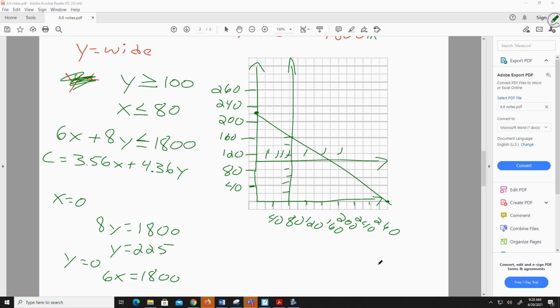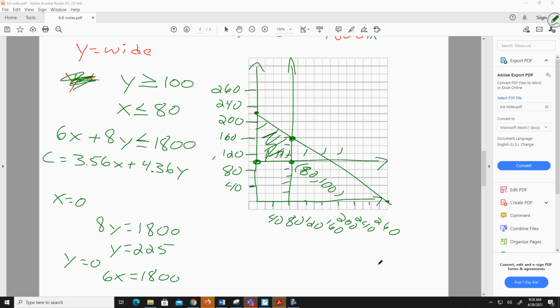Okay, and then I would just draw right there. But technically these two here would also be my vertices for the objective. For this one here, I know it's at 80 and 100.